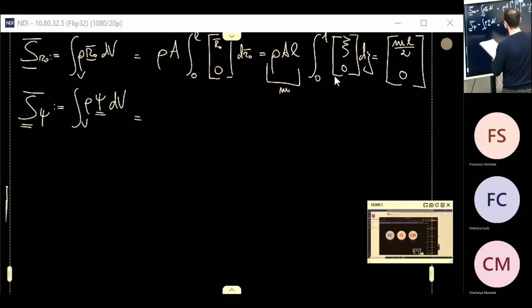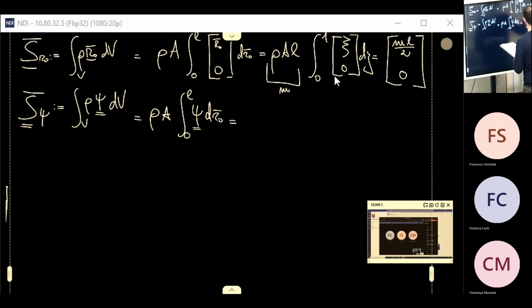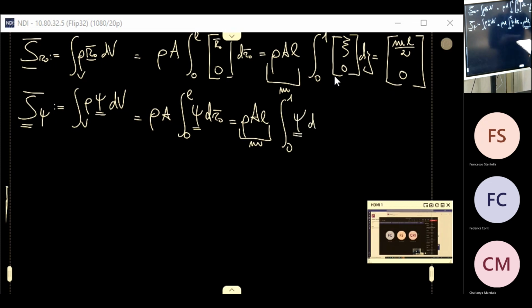And then here instead we have the following. We have rho, A, again, the integral from 0 to L of psi dr0. Again, in this case, we can pass to the non-dimensional coordinates. So this is m, again. The integral from 0 to 1, in this case, of psi index c.